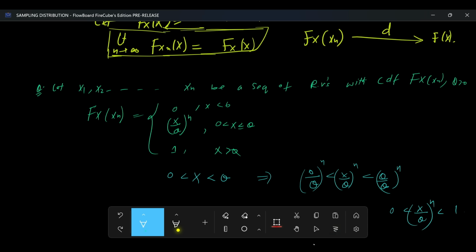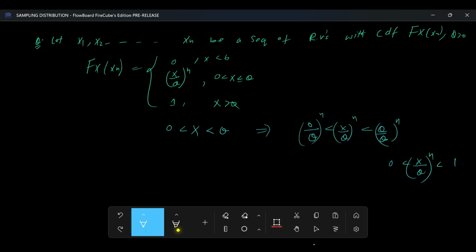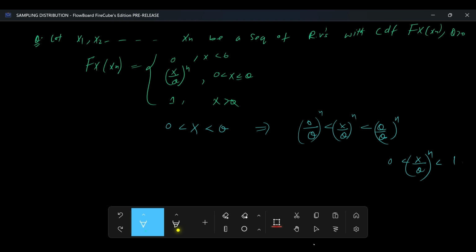So the transformed CDF will be f of x xn is equal to f of x, and this is the CDF of a degenerate random variable.